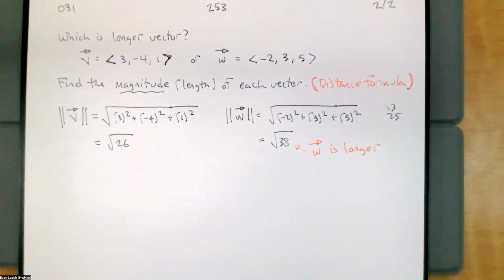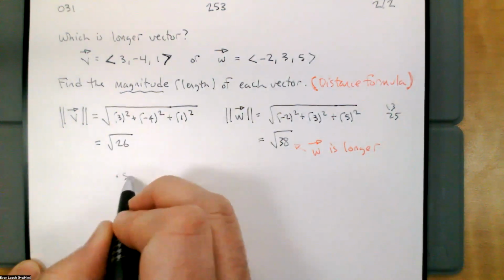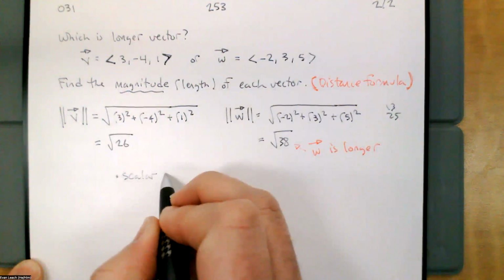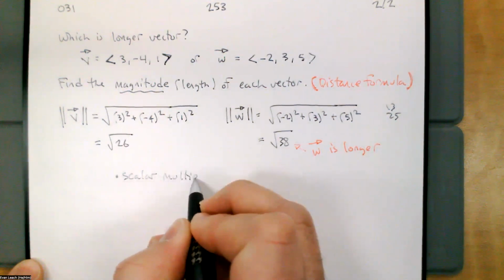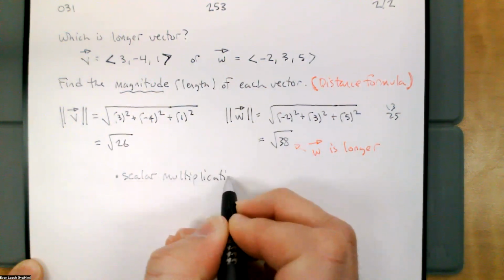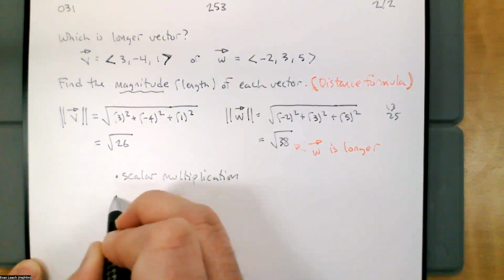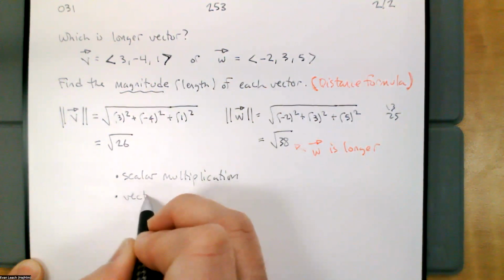The first 2 operations that you need to learn on vectors are scalar multiplication and vector addition. I can do this with 0 minutes left in class because scalar multiplication and vector addition work exactly how you would guess they work. So I'm just going to have you guess how scalar multiplication and vector addition work.